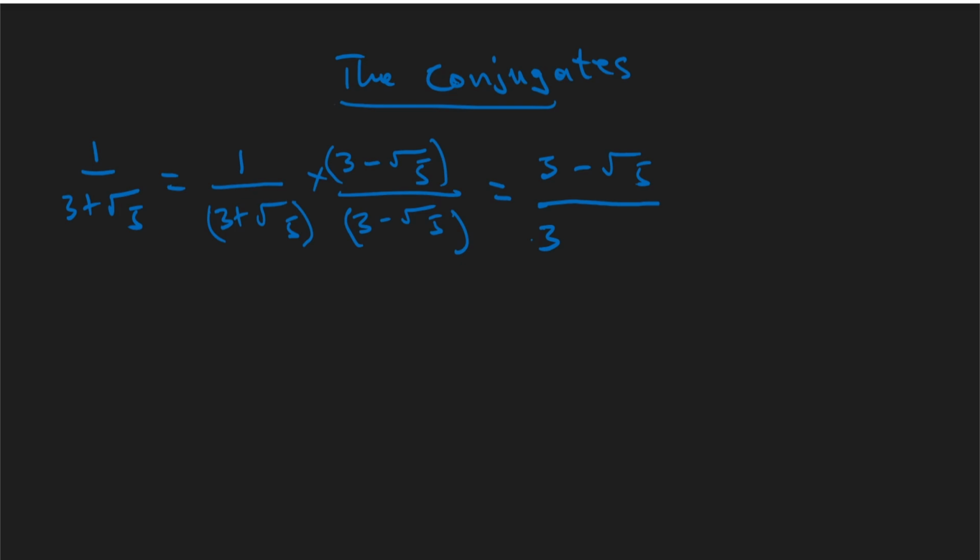So 3 times 3 minus root 5. After that, we take root 5 and multiply it by everything.